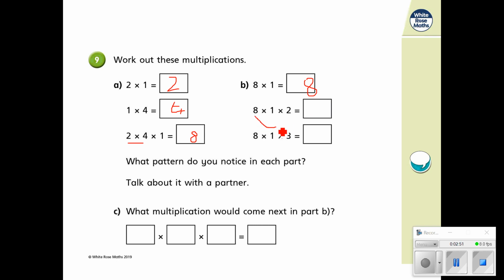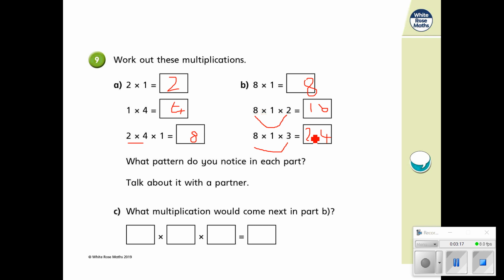So I'm going to go straight over here and do 8 times 2 is 16. So 16 times 1 is 16. 8 times 1 times 3, I'm going to do 8 times 3, which is 24, times that by 1 is still 24. What pattern do you notice in each part?